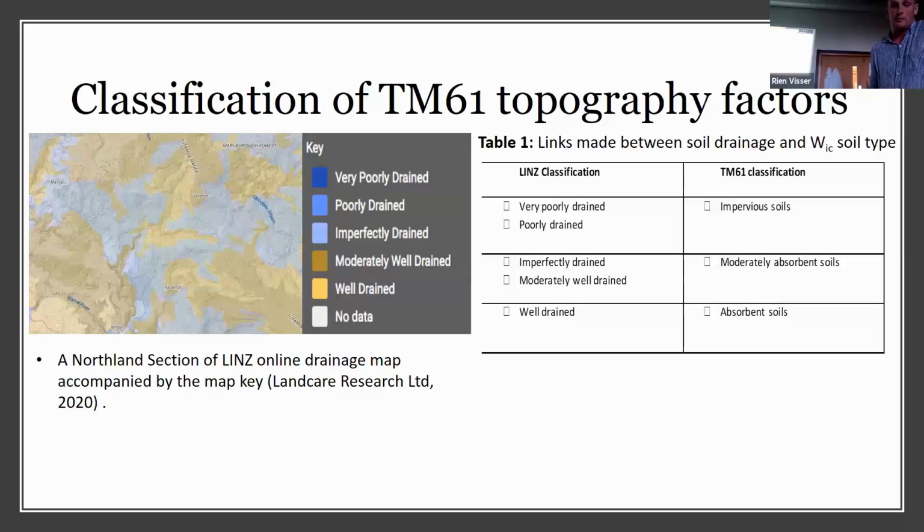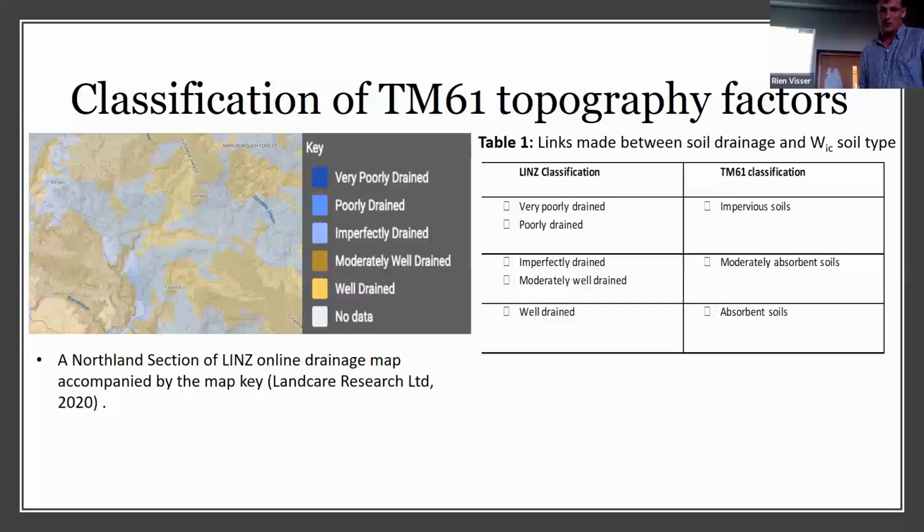One of the main things identified last year in his project was that the main cause of an outlier was the classification of topography factors for both the Team 61 and rational methods. So I decided to try and standardise the way these were selected as best I could. I decided to use a drainage map available online, produced by Land Information New Zealand, to classify the soils needed for the Team 61 WIC factors.